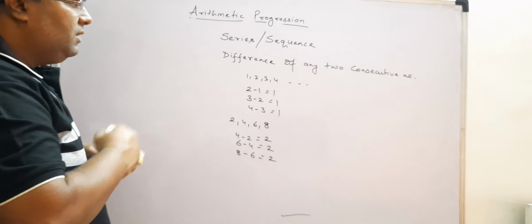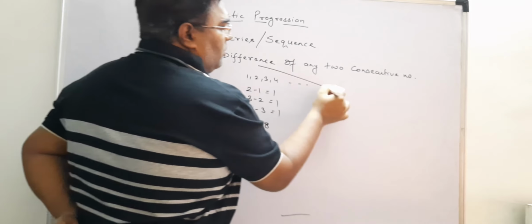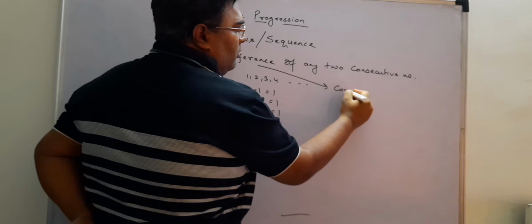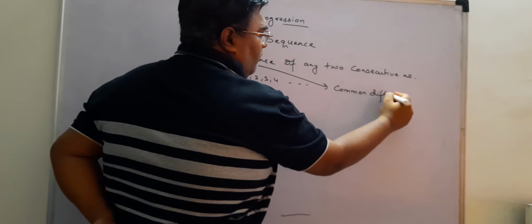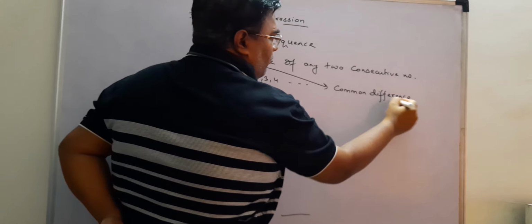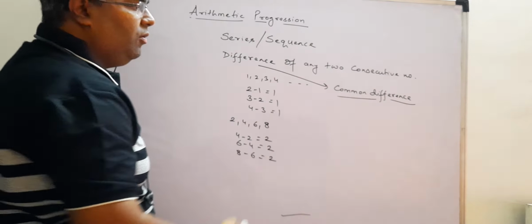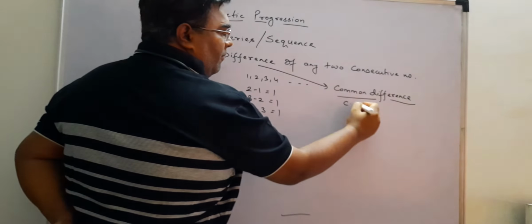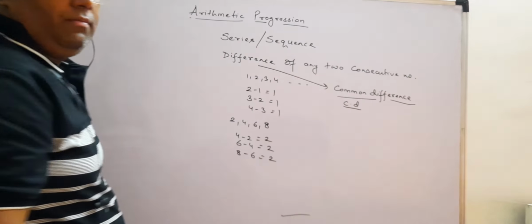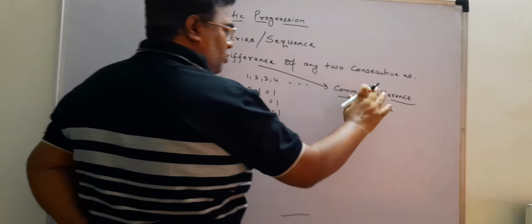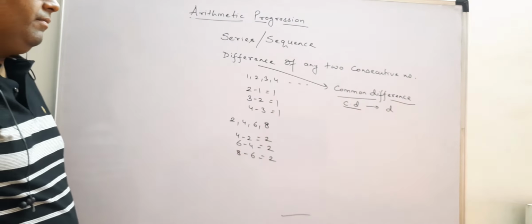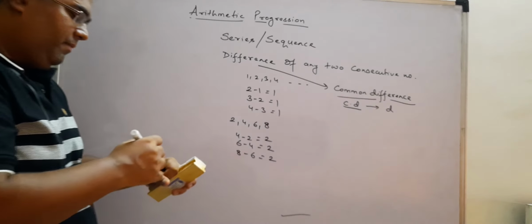This difference is called the common difference, or in short form CD, and it is denoted by D. In most books it is D. Common difference is D.